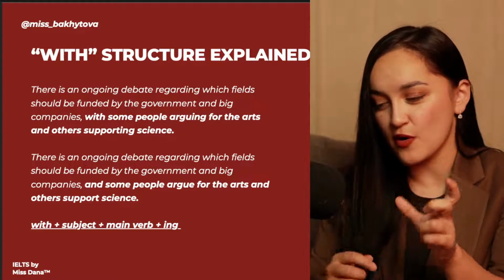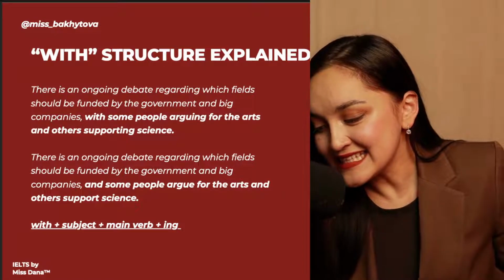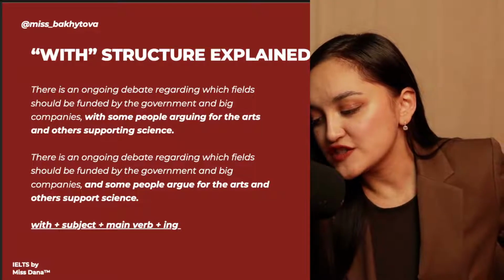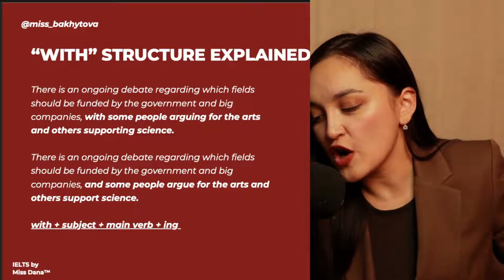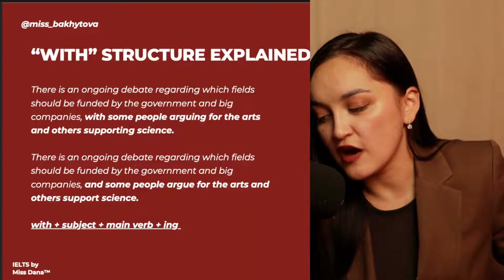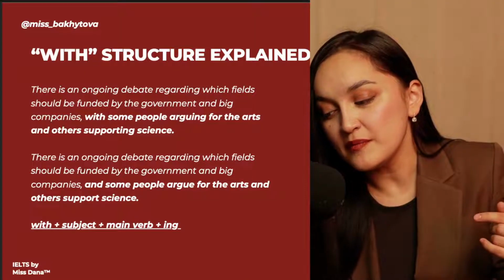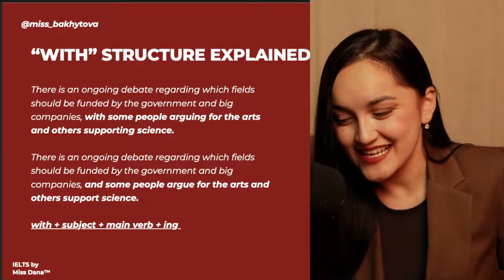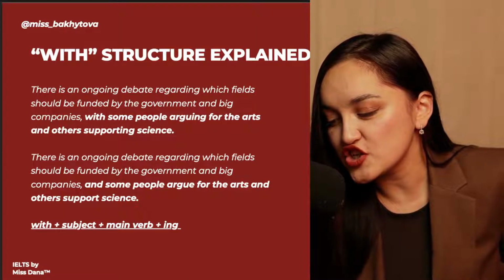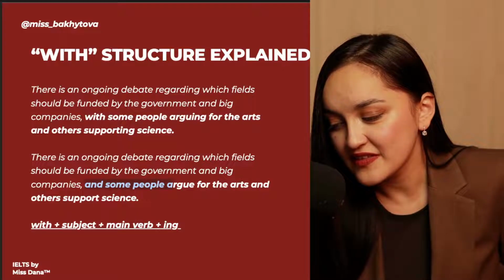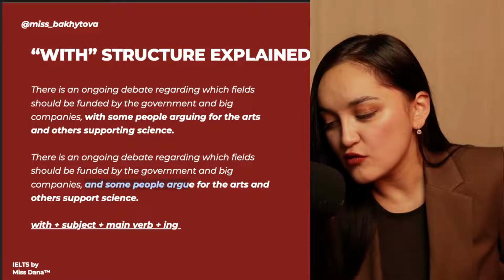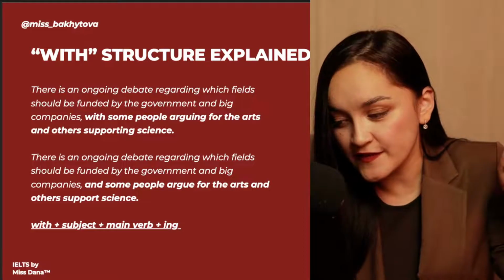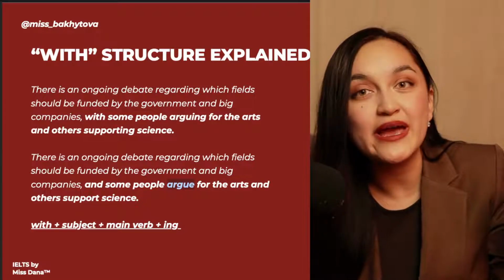Especially the with part. So it's essentially just putting it this way. There is an ongoing debate regarding which fields should be funded by the government and big companies. Some people argue for the arts and others support science. So what we did here is we changed and replaced it with, and then we changed the main verb.